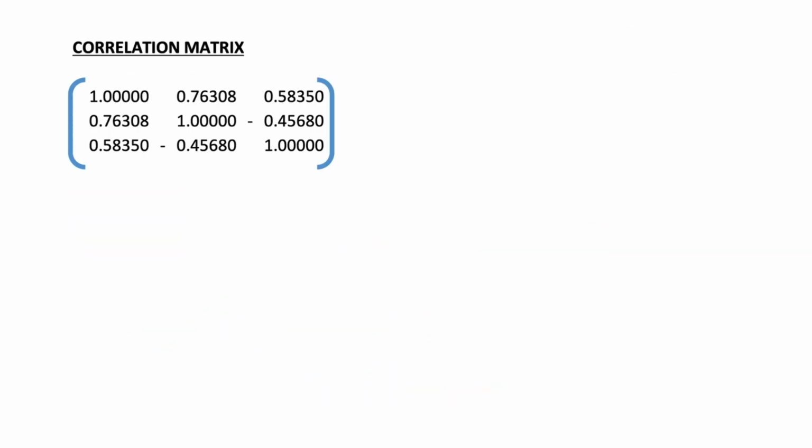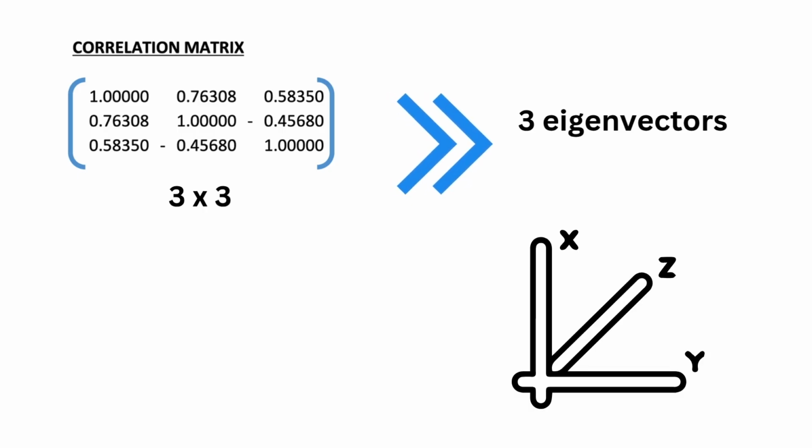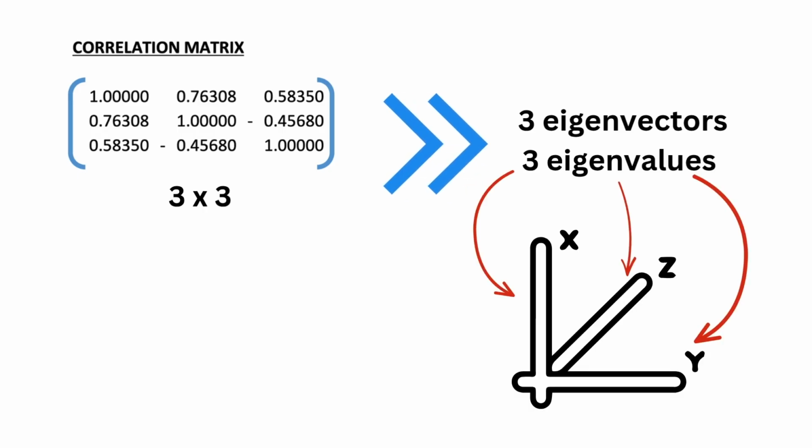So a 3x3 correlation matrix will generate 3 eigenvectors that are the principal components in 3D space, with 3 associated eigenvalues that say how much these eigenvectors get scaled up or down by the correlation matrix, while still maintaining the same directions in 3D space. This gives us a clue as to how PCA is actually used.